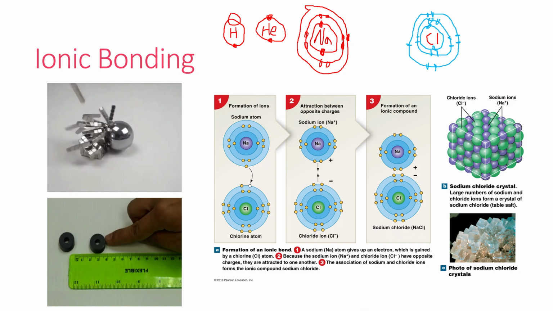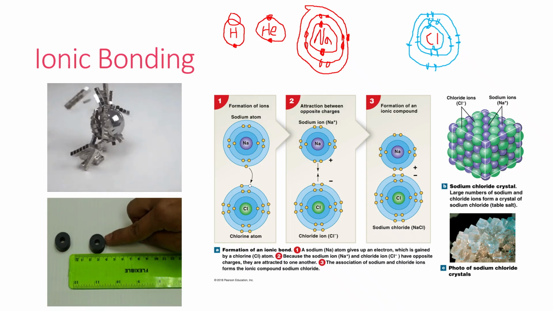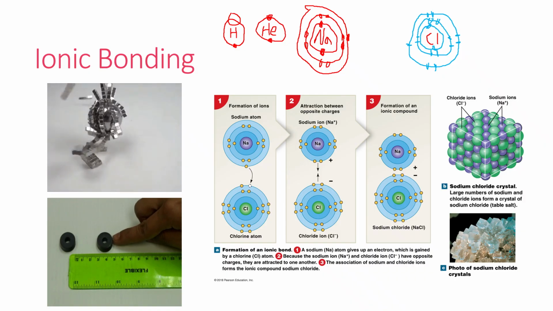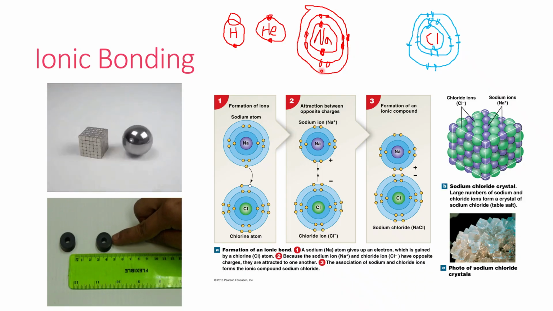So chlorine in its outermost shell has 7 valence electrons. How many does it want? It wants 8. So when we look at these two next to each other, what do you think? Do you think it's easier for sodium to gain 7 electrons to fill its valence shell, or just to lose this 1 electron?